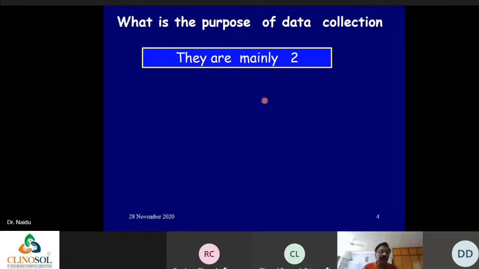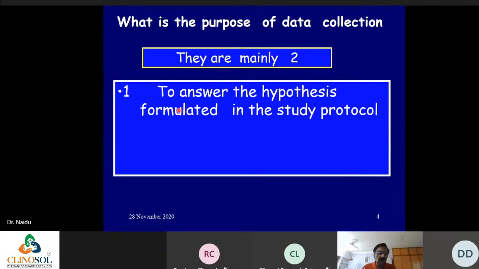The first one is to answer the hypothesis formulated in the study protocol. As we know, we start any clinical research with a hypothesis, so to answer that hypothesis we record the data in a case record form. This is the first main objective.